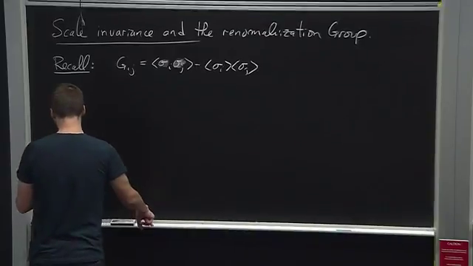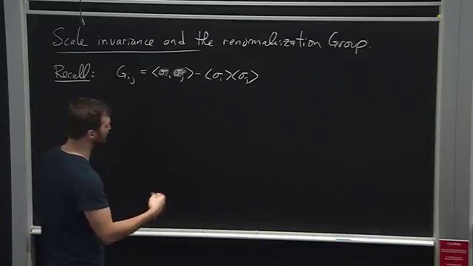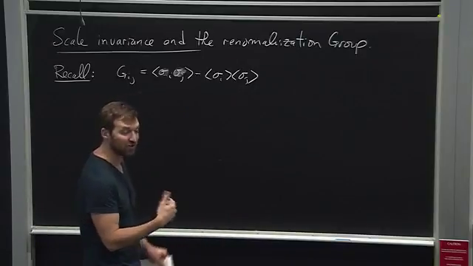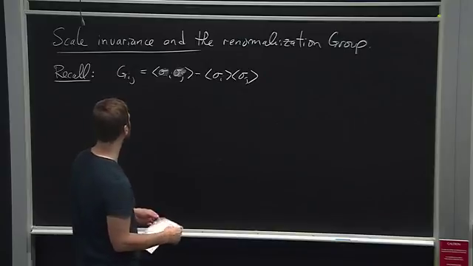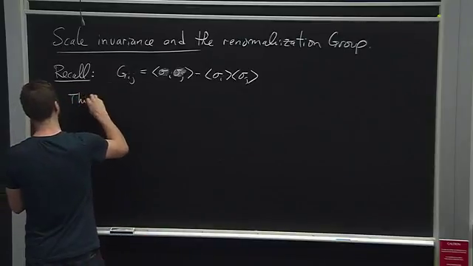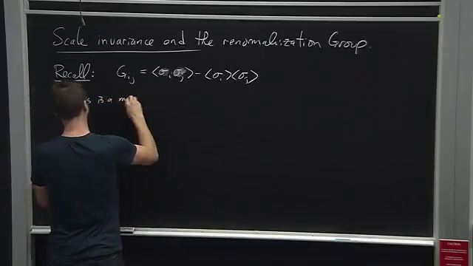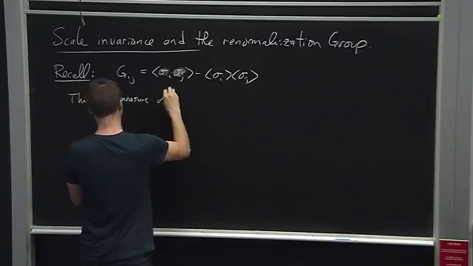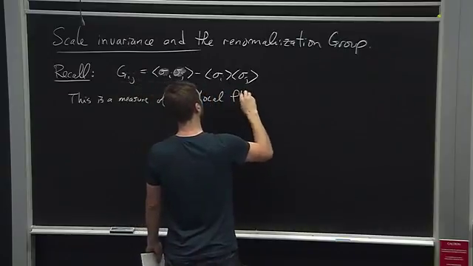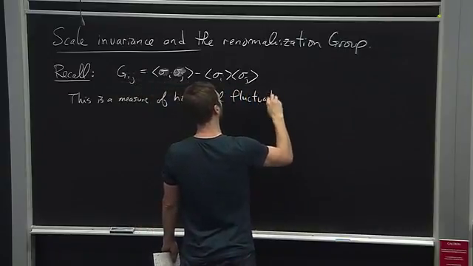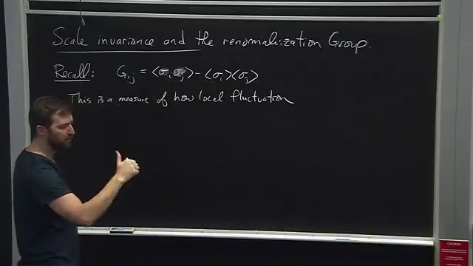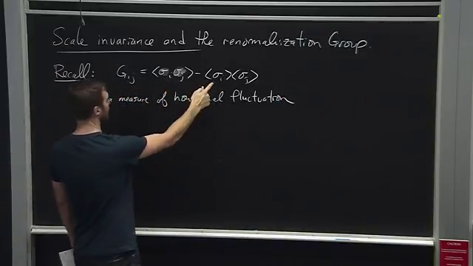So it's also a measure of how fluctuations destroy the correlations, because really what it is is the fluctuation from the mean value, right?